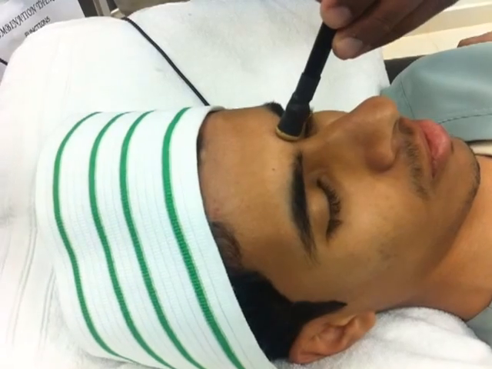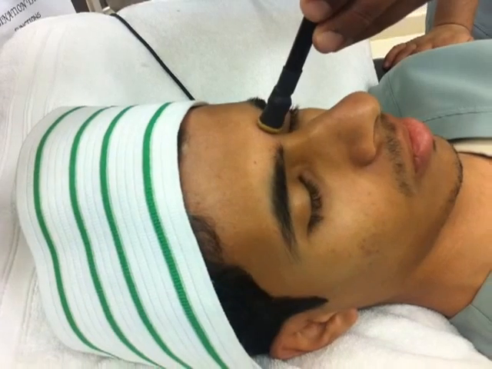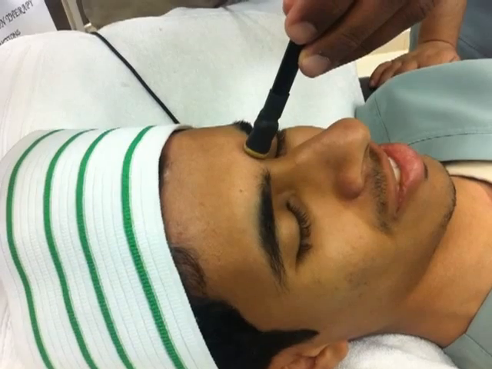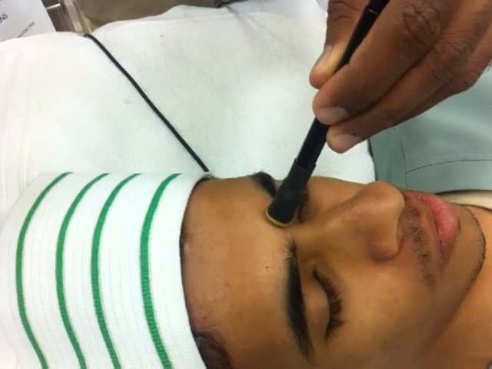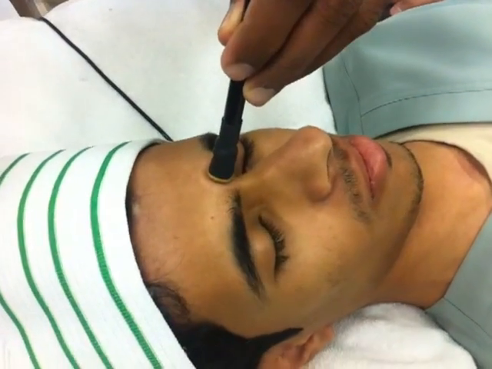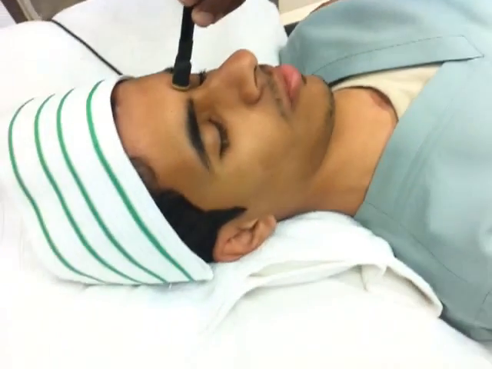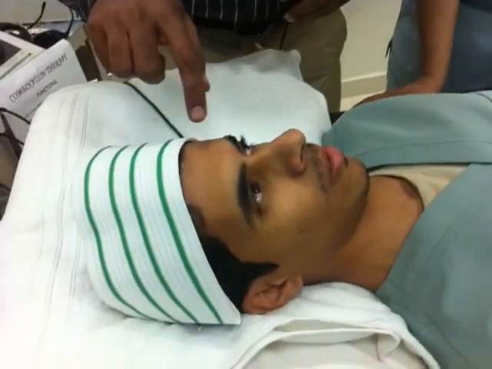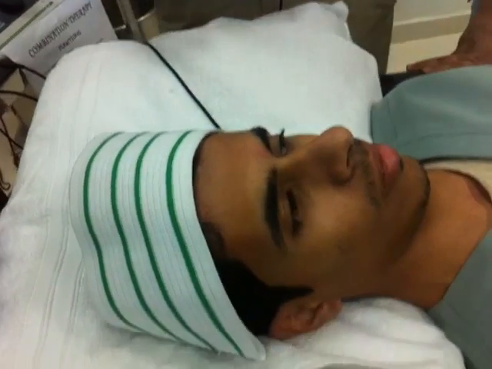Can you see the movement? See, it's going medially and downwards. Now it's clearly visible. Okay, so this is corrugator supercilii. Now you can see this small redness here because of reflex vasodilatation, what I have told you.